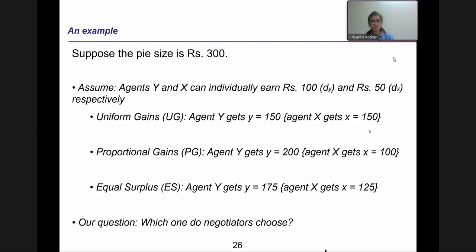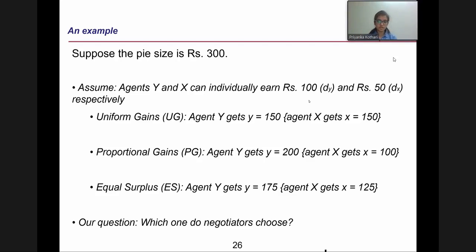Then the proportional gain says that you should care about the individual difference between the agents and their efficiency. The pie size should be distributed in terms of their efficiency, which is denoted by their individual earnings. So they should distribute the pie in a 2:1 ratio. So agent Y gets 200 and agent X gets 100.